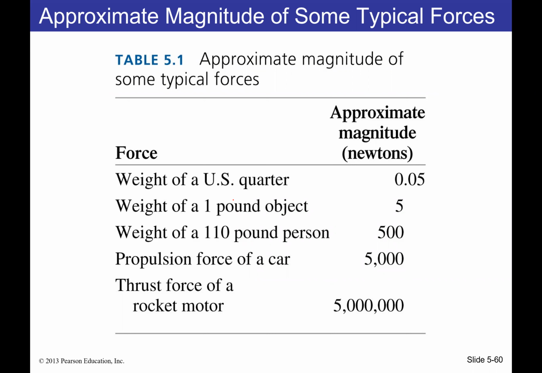So that's why you see these as equivalent. The weight of a 1 pound object is 5 newtons. That means 1 pound is equivalent to 5 newtons. That's a conversion factor going from pounds to newtons. That's why 110 pounds is roughly 500 newtons, and so on and so forth.